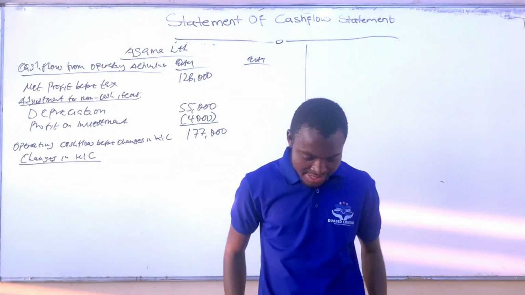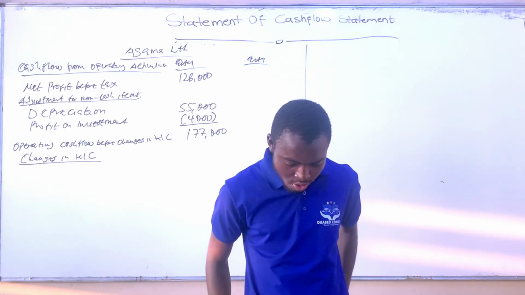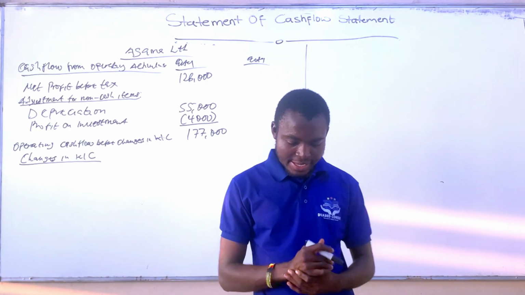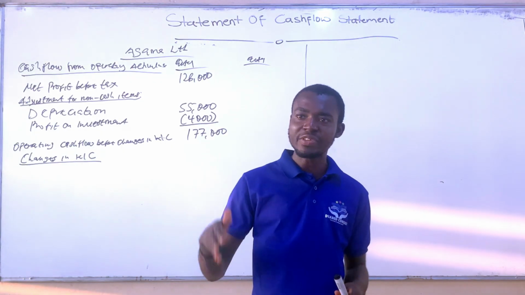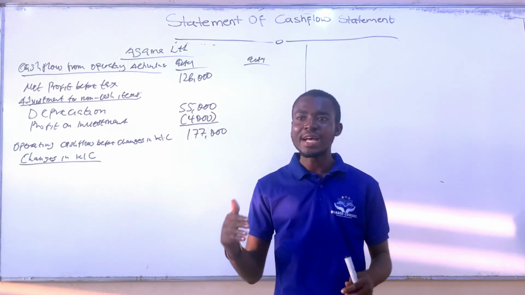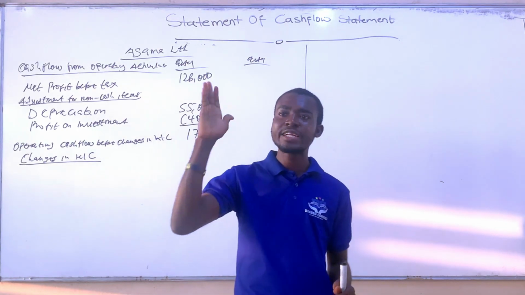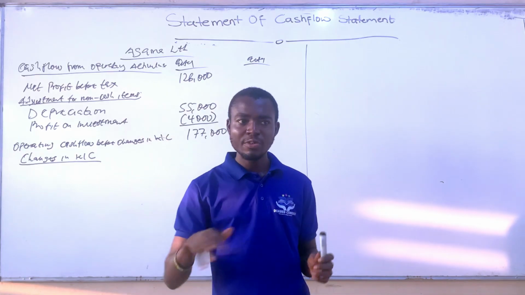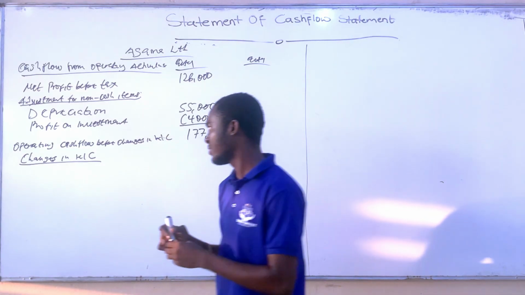The first current asset given to us is stock. For stock, 2007 is 150,000 and then 2008 is 157,000. Since the 2008 stock exceeds 2007, there's an increment in stock. The difference between 150,000 and 157,000 is 7,000.